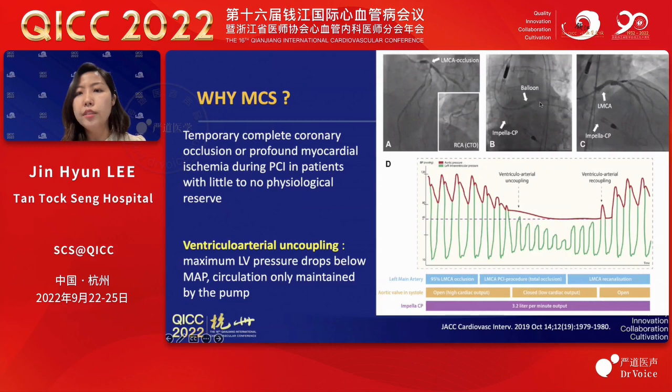During this transient left main balloon dilatation, there is profound myocardial ischemia in this patient with so little reserve. This causes the patient's blood pressure to drop below his own mean arterial pressure, and the circulation is only maintained by the pump, which consistently provides 3.2 liters per minute output in this case. This is what we call ventricular-arterial uncoupling during the case, and it goes back to normal.